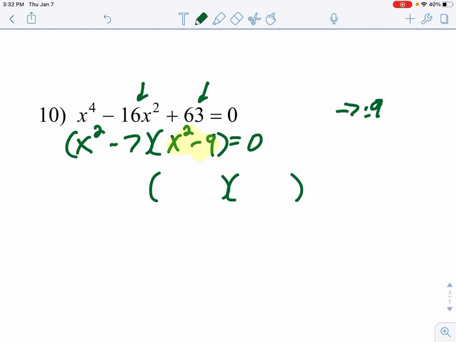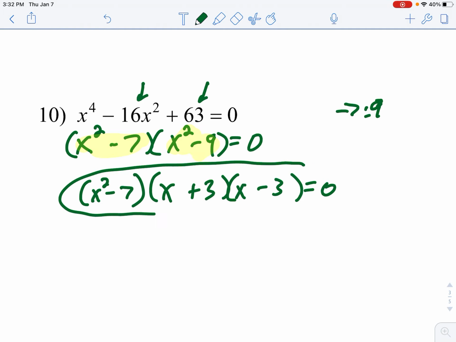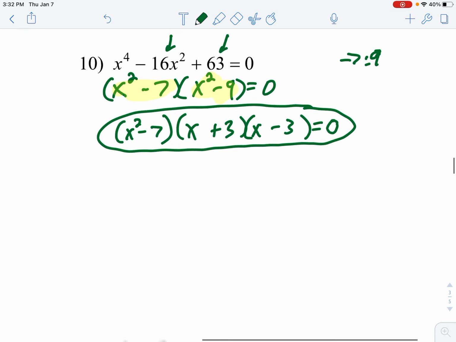That is going to break down, factor, into x plus 3, x minus 3. X squared minus 7 is not a difference of squares. 7's not a square number, so it's just going to stay like that. So this is what number 10 should look like when it is completely factored. Make that 0 look like a 0, not a 6. There we go. Now we need to solve it.